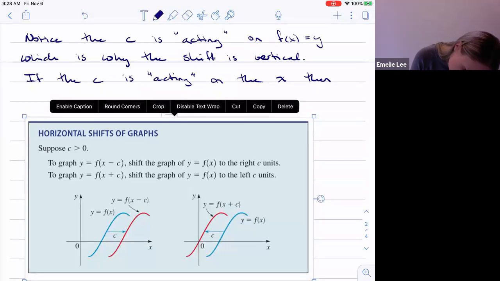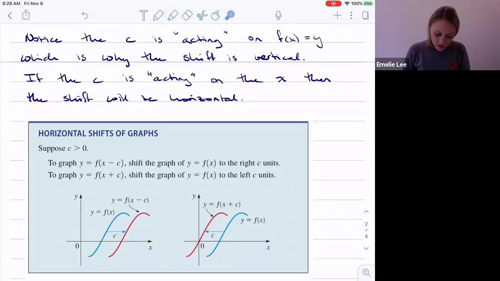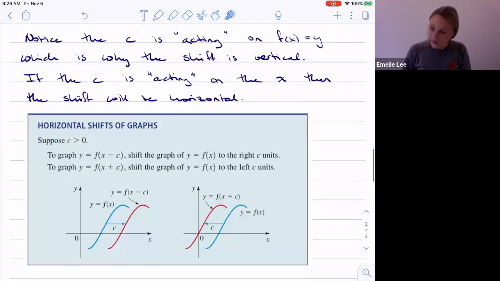Then the shift will be horizontal. Okay. So now I'll put that there.